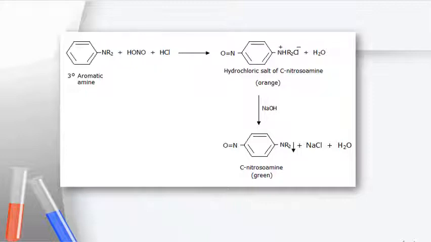It will give us this molecule, which is the hydrochloride salt of C-nitrosamine. The color of this molecule is orange. When we treat that molecule with sodium hydroxide, a strong base, it ends up with a green color, which is the C-nitrosamine. So you should pay attention to how the colors change.